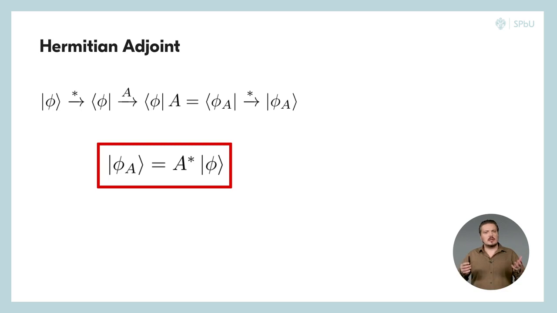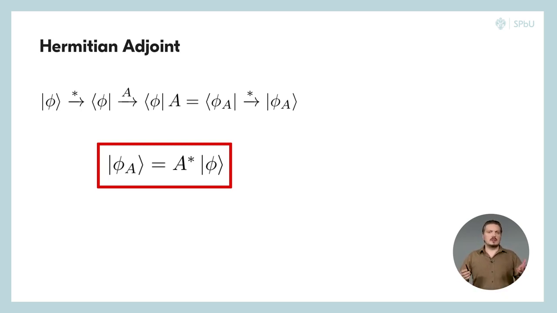So there must be some operator A star, which transforms vectors just the way we did with phi and phi A. And I call it A star to stress the fact that this operator is somehow connected with the operator A. The operator A star is called the adjoint operator of operator A. What can we say about the operator A star?